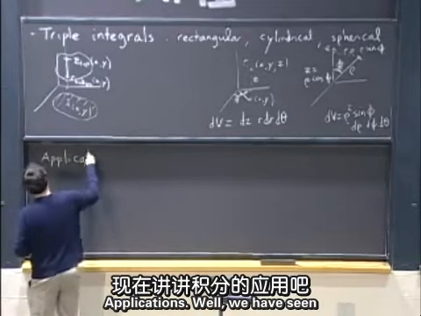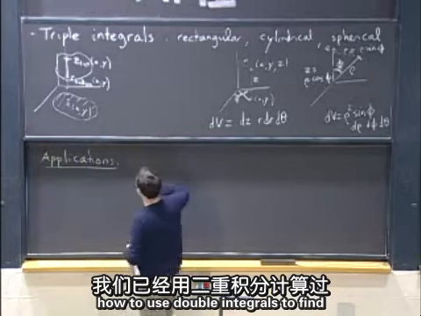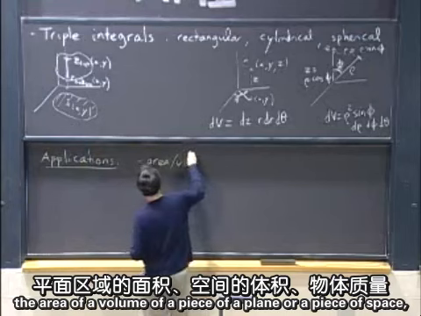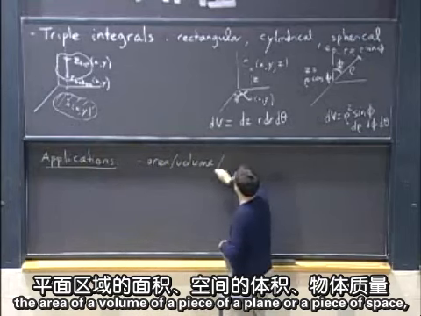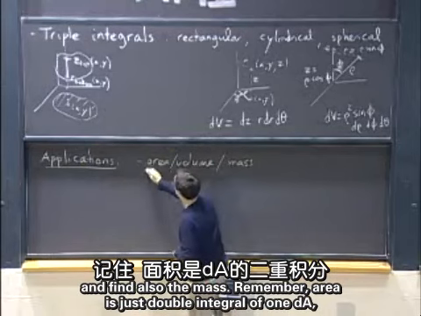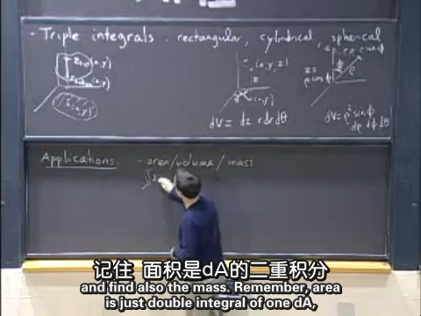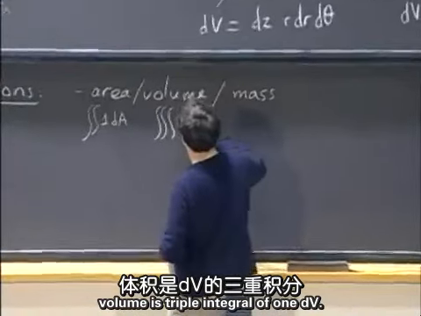So applications. We've seen how to use double or triple integrals to find the area or the volume of a piece of a plane or a piece of space, and find also the mass. So remember, area is just the double integral of 1 dA. Volume is the triple integral of 1 dV.